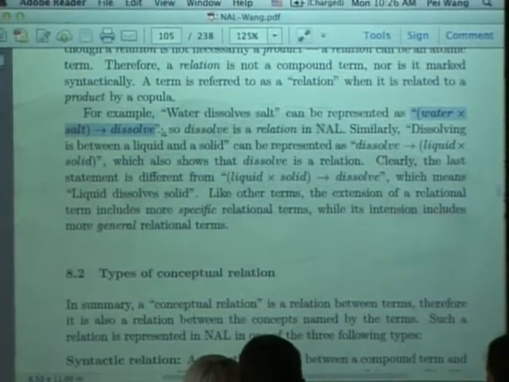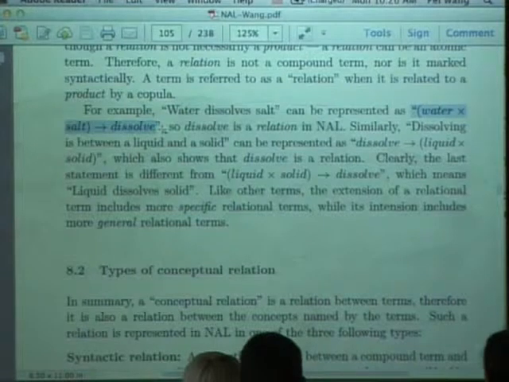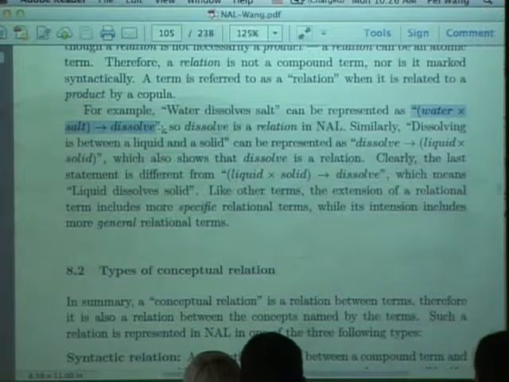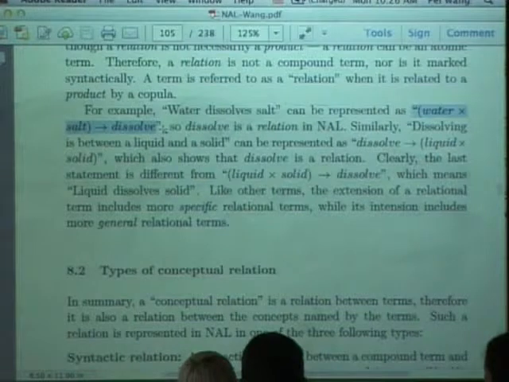In this system, a relation is any term that can have an inheritance relation with a product. For example, if you have something like this, then this is called a relation. A relation can be a compound, it can be simple, but it needs to be related to a product.